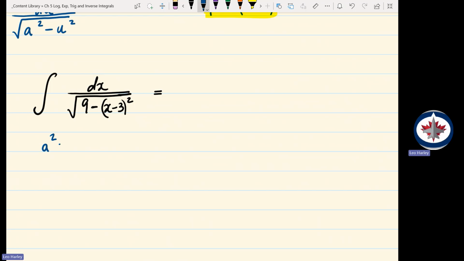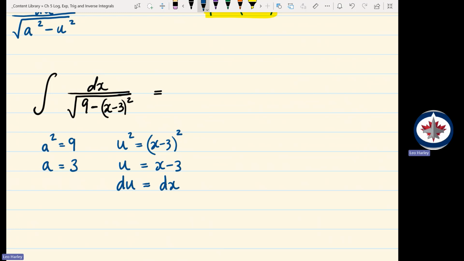A squared is equal to 9. What is A? Good. U squared is equal to x minus 3 all squared. What is U equal to? And again, I'm the one who forgets about making sure I work with du appropriately. In this example, there's no issue. But there could have been. All right.